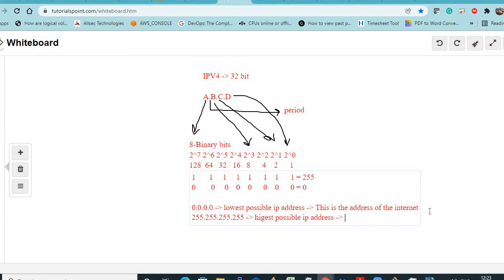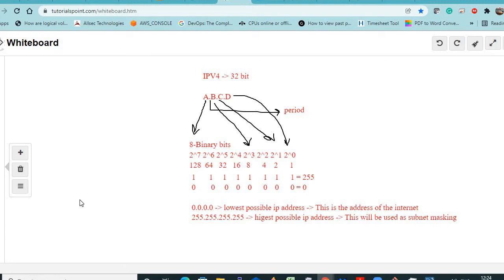Now this kind of IP address will be used as subnet masking. Okay, I'll come to subnet masking in the coming slide. For now what you have to understand is this is the lowest possible address and this is the highest possible address. Okay, clear?